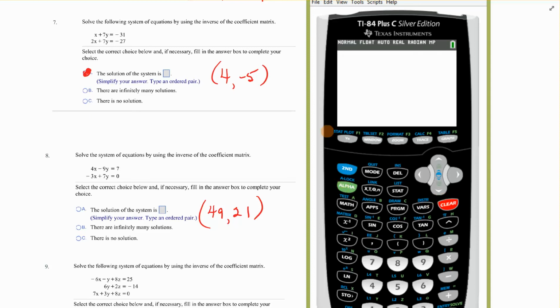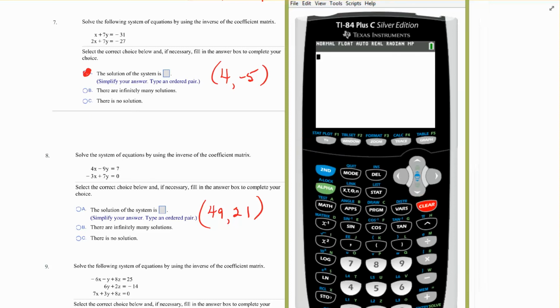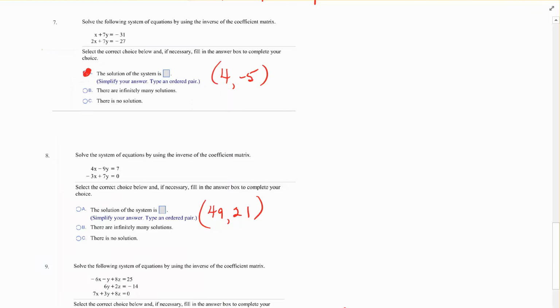And before I do that, we're going to change this to an augmented matrix, 1, 7, negative 31, 2, 7, negative 27. And so this is what? This is a 2 by 3, and we're going to put that in our calculator.